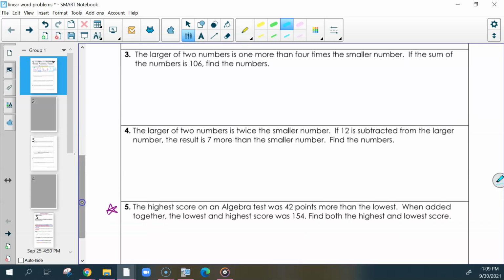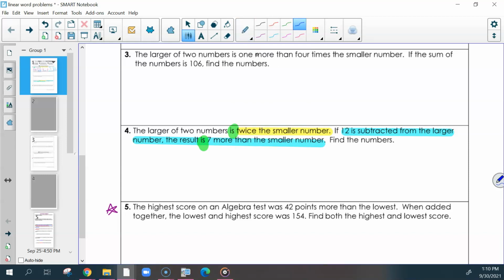Try again. The larger of the two numbers is twice the smaller number. Then it says if 12 is subtracted from the larger number, the result is 7 more than the smaller number. And I think there was an is in there.